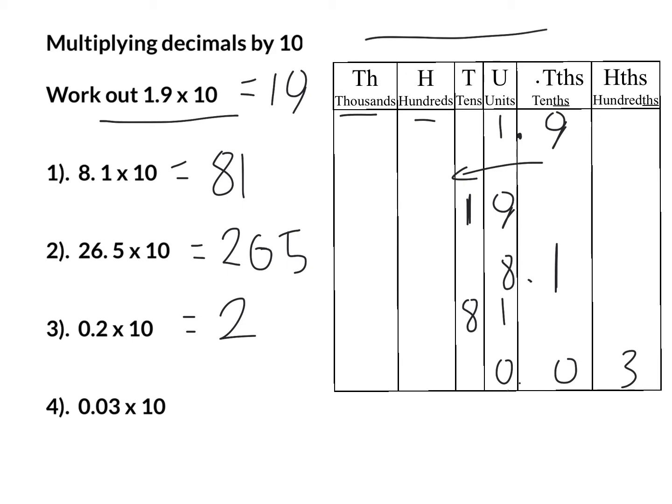Well, I just need to move this 3 one place to the left to signify that it's been made 10 times bigger. So my answer is going to be... nearly made a mistake there. So my answer is going to be 0.3, okay? Because the tenths here has been moved one place to the left.